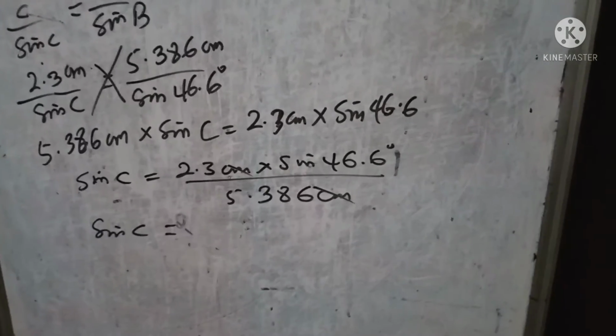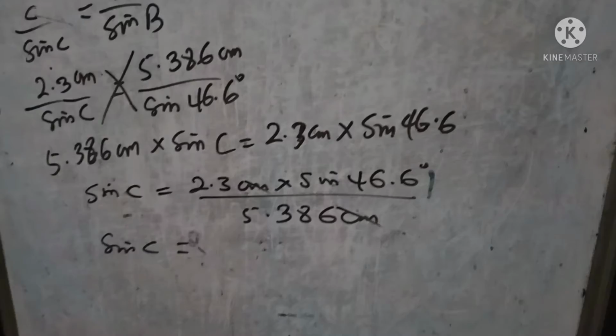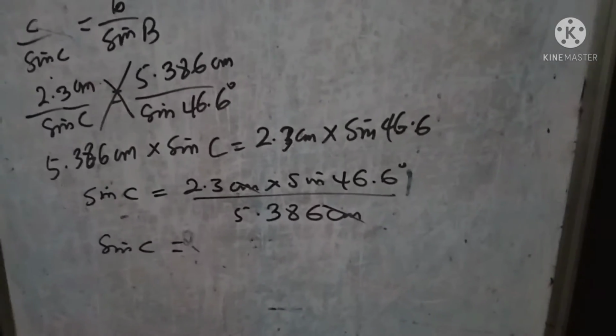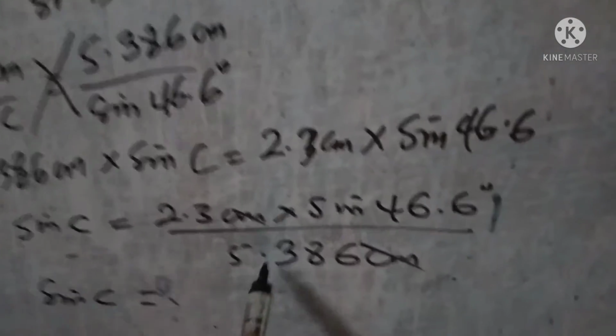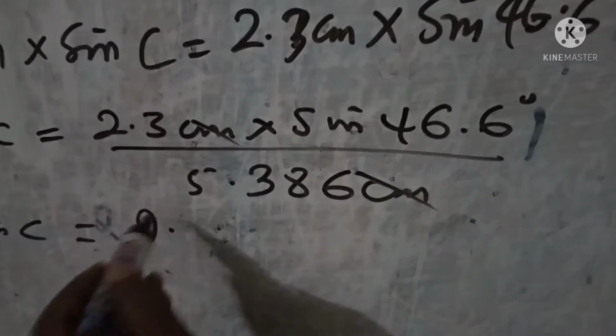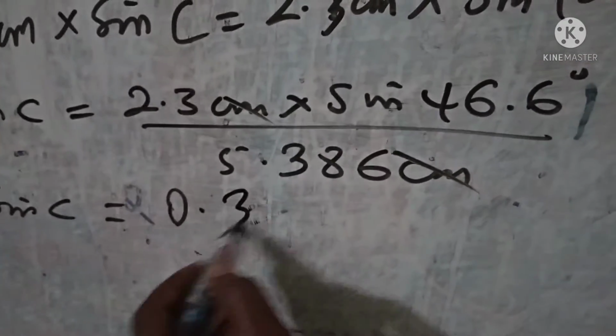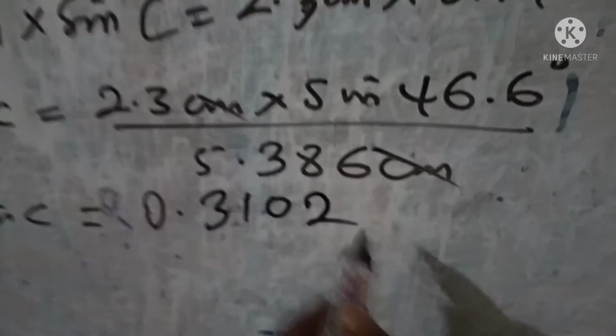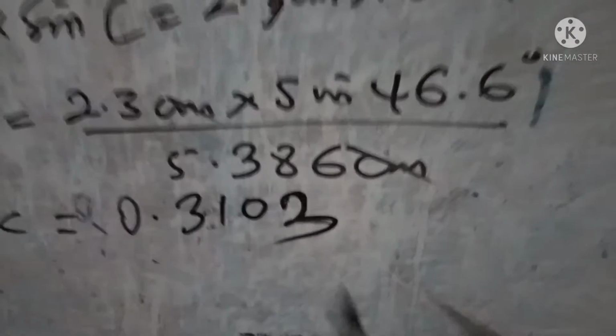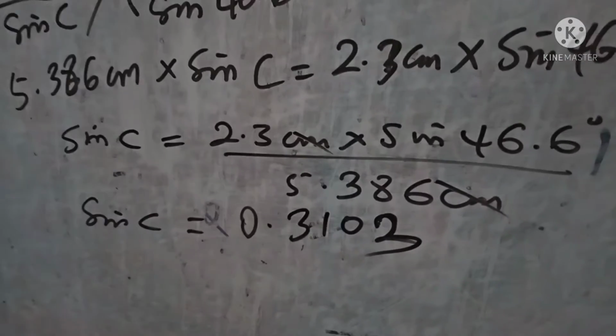Sharp, you are too slow. No, it's supposed to give you 0 point something. When you multiply this and divide by this, you get 0 point what? 0.3102. Approximately 0.3, right? Are you sure?